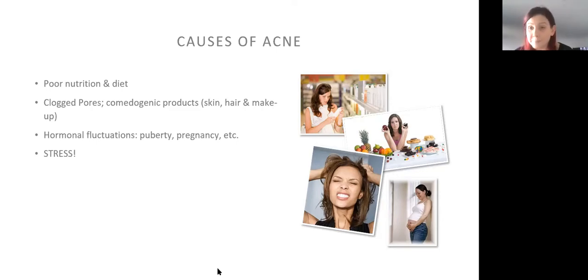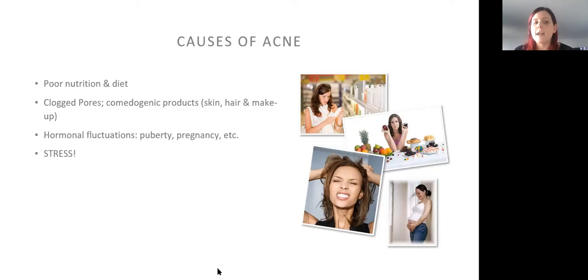Hormonal activity, such as menstrual cycles and puberty, may contribute to the formation of acne as well. During puberty, you get an increase of the sex hormone, which is androgen, and that causes the skin follicle glands to grow larger and make more oily sebum. That oily sebum can actually be quite thick and sticky as well.